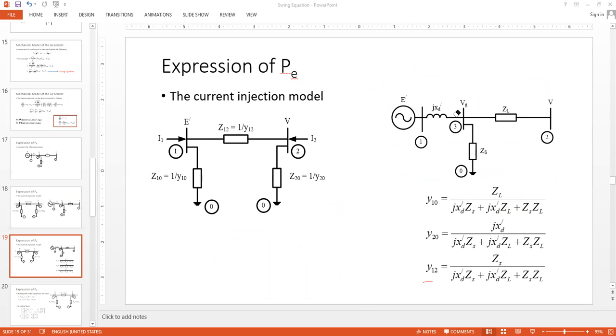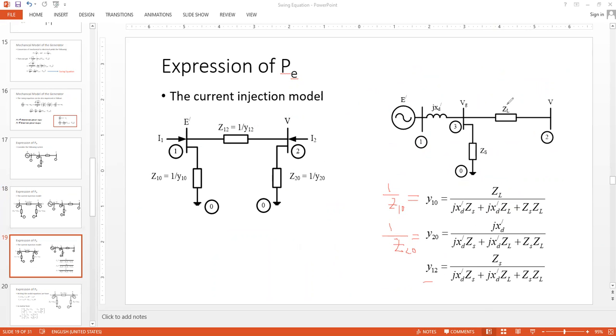I'm writing this in terms of admittances, after the conversion. So Y10 is here. If you write Z10, you can write 1 upon Z10, which is your Y10. 1 upon Z20 is your Y20, and so on.